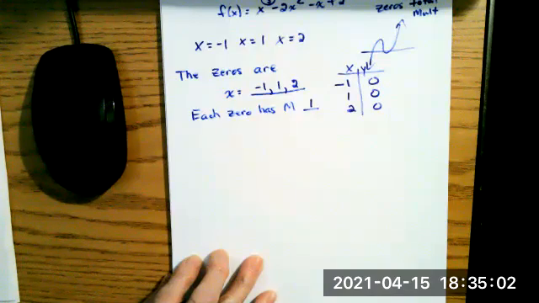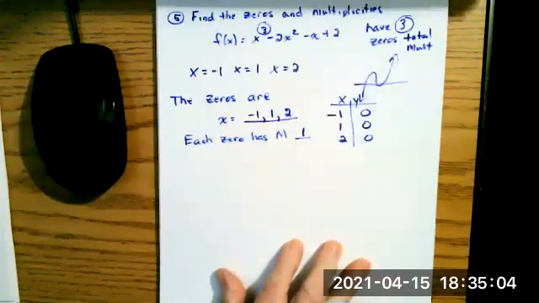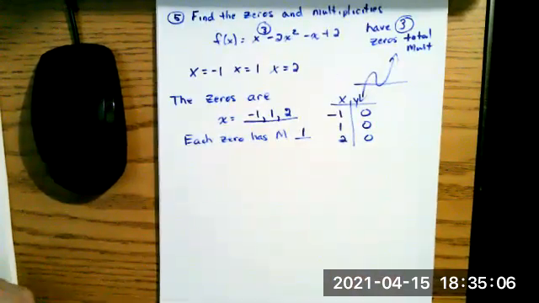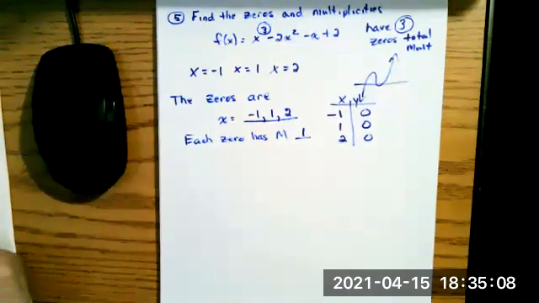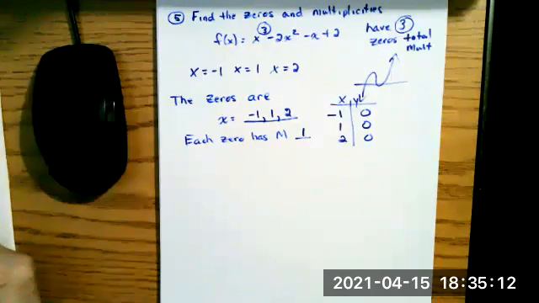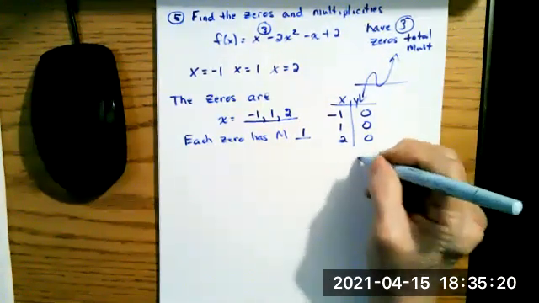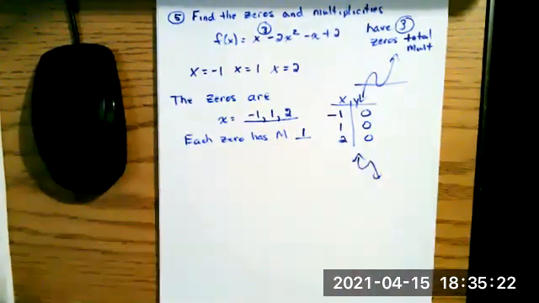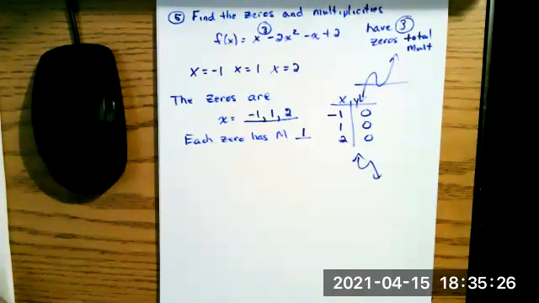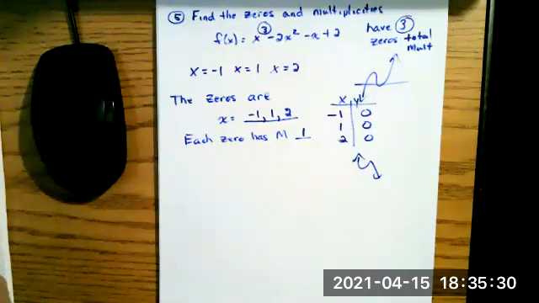My graph is the opposite of yours, and I can't figure out why. What did you put in, x cubed or negative x cubed? X cubed minus 2x squared minus x plus 2. It goes this way. I'll show you. Can you see that?